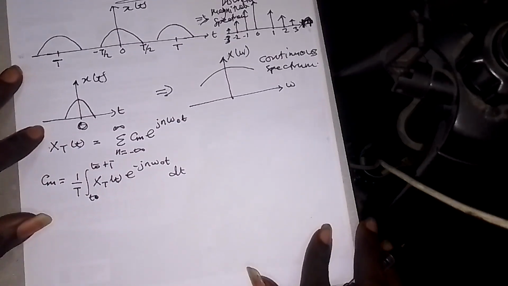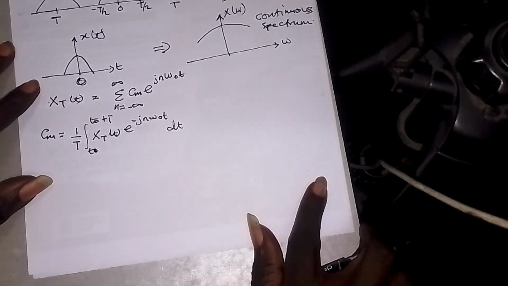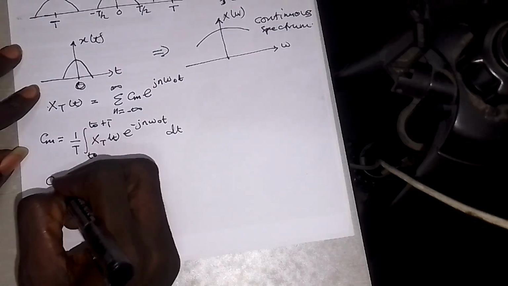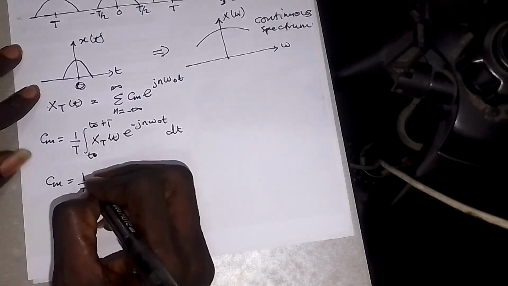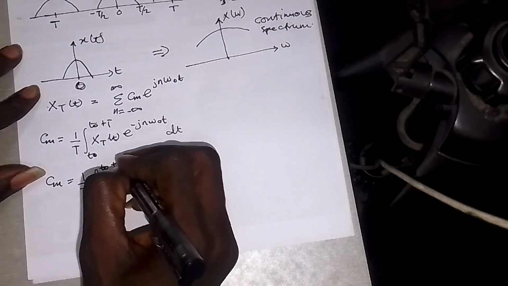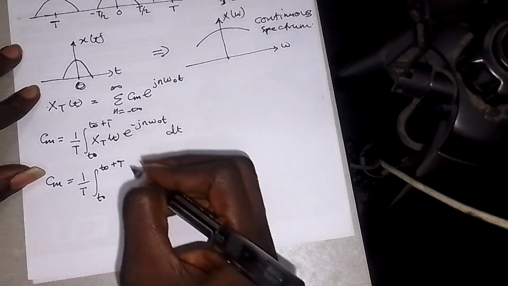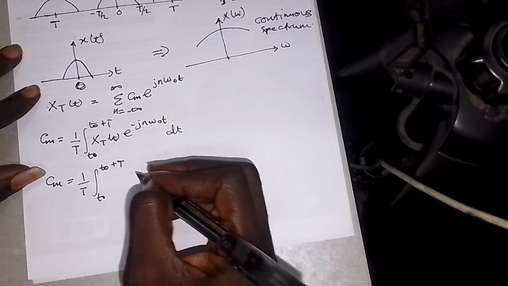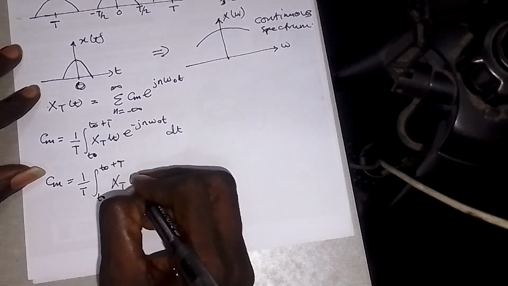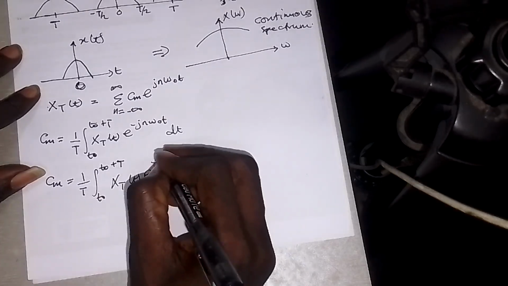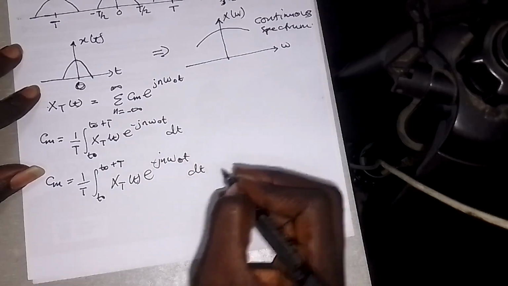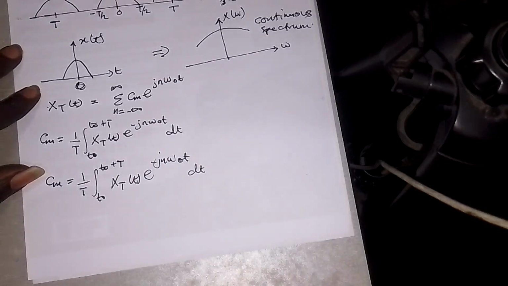If I put the limits as minus T on 2 and then T on 2, then I'm going to have c_n equal to 1 over T, integral of x_T of t times e to the minus j n omega naught t dt.